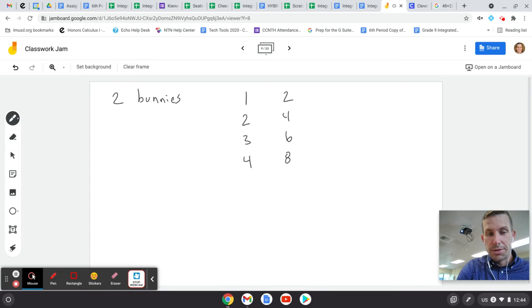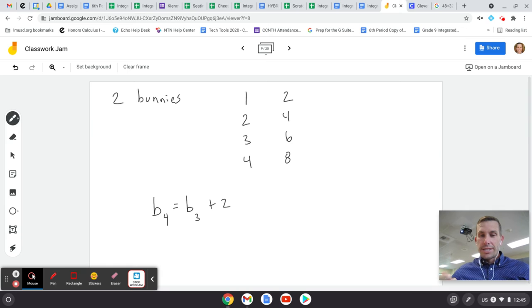So for example, b sub 4, which is the number of bunnies in the fourth month, is equal to b sub 3, which is the number of bunnies in the third month, plus 2. So this would be an example of a recursive formula for the fourth month of these bunnies.